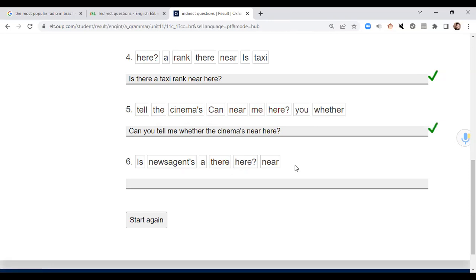And number 6? Is there a news agent near here?